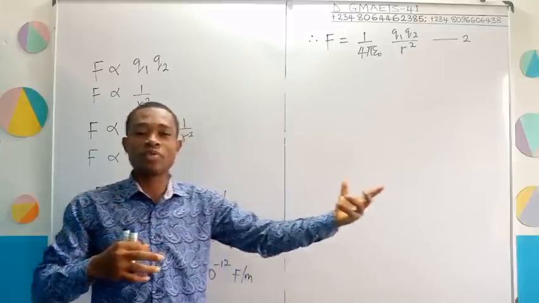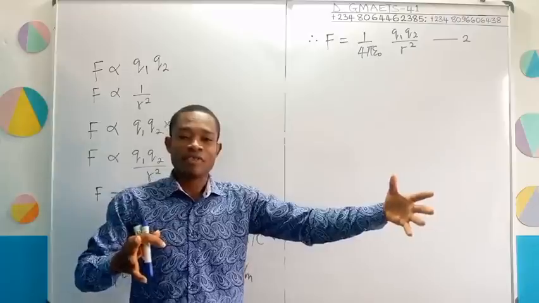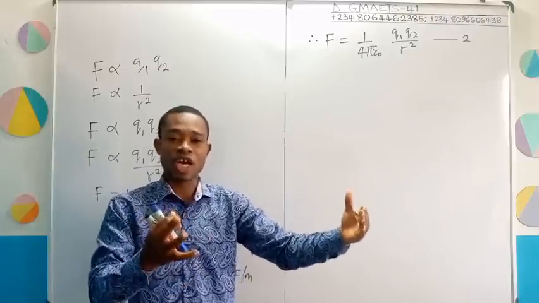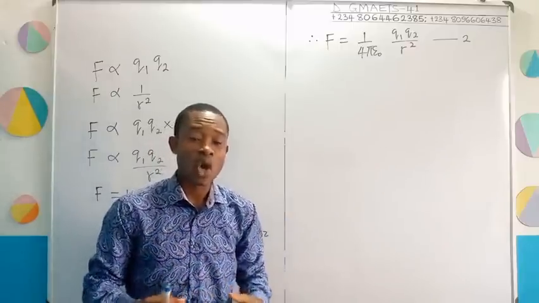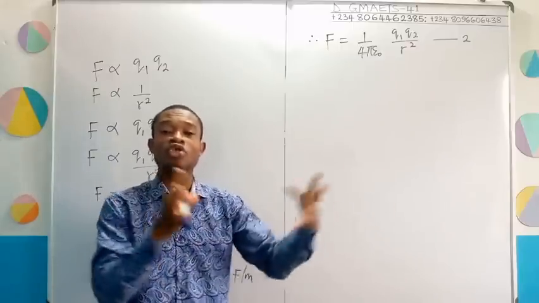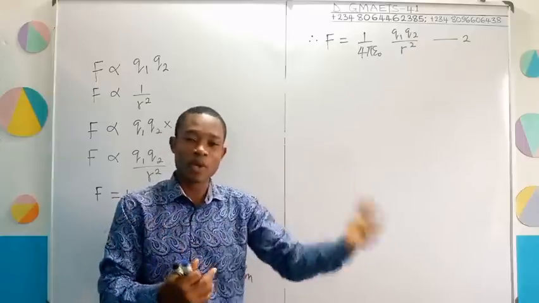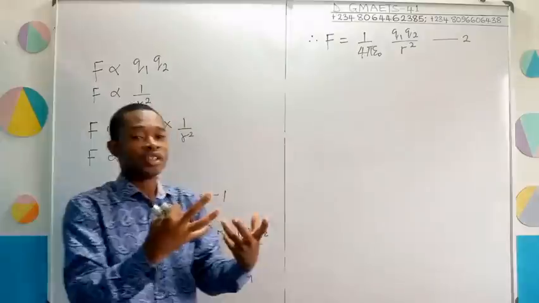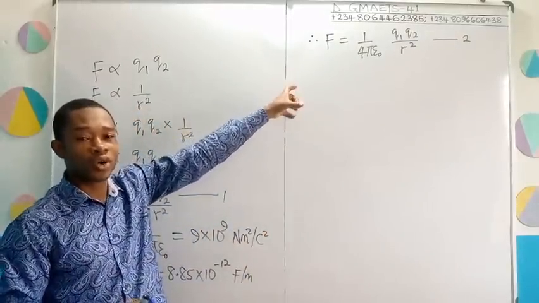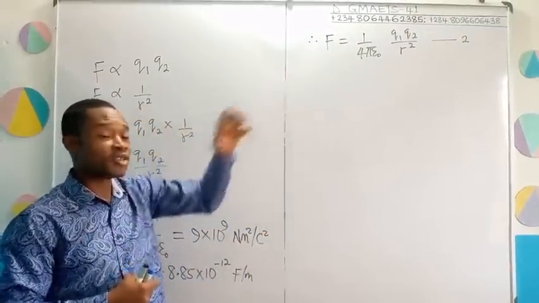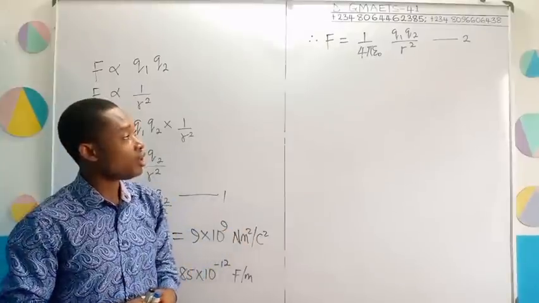In that case, the force will be a force of repulsion. For example, if you have positive charge and positive charge, or negative charge and negative charge. Then of course, unlike charges will attract. For example, if you have positive and negative charges, they will attract. So always remember, according to Coulomb's law, this electrostatic force is either that of attraction or repulsion.